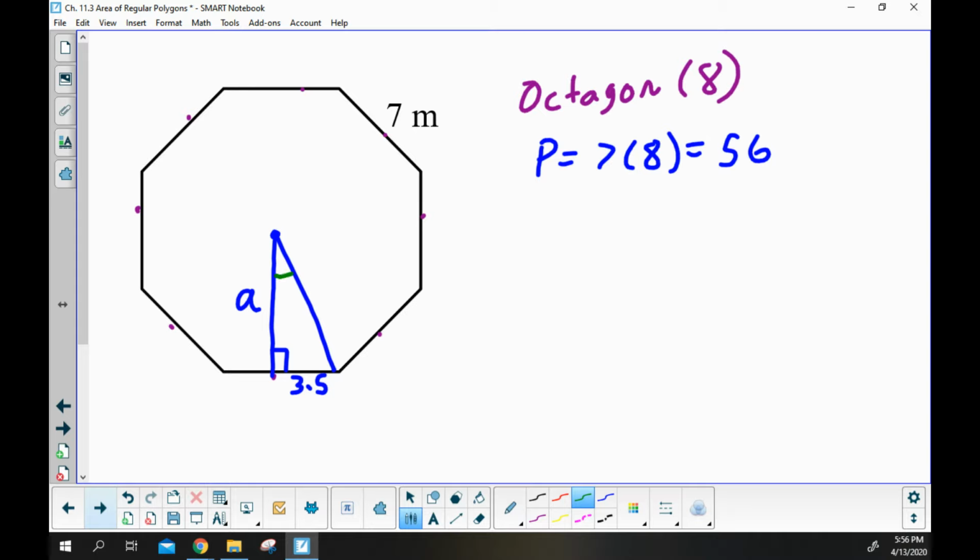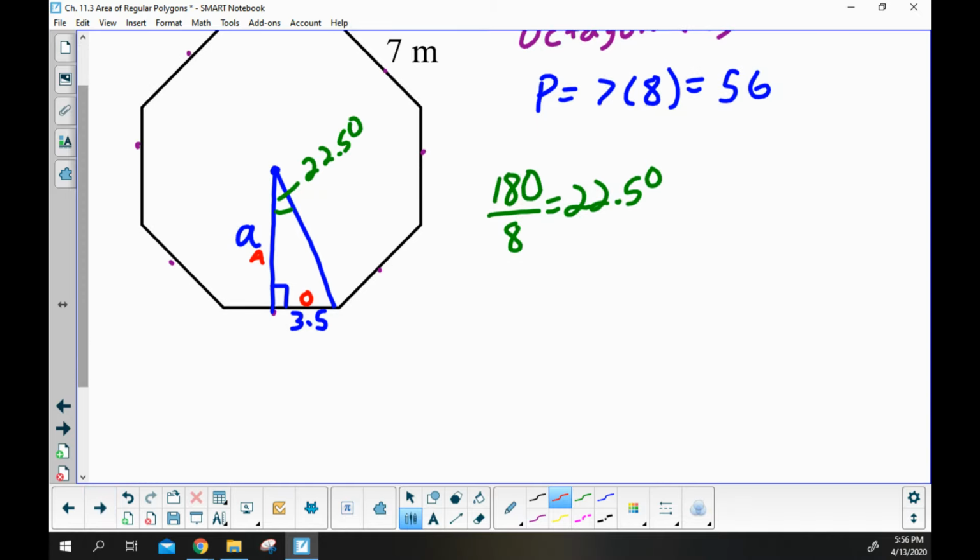So again, if you remember, I'm going to take 180 divided by 8, and I get 22.5. So 22.5 degrees. All right, so based on that, you label your sides. You notice the 3.5 is my opposite. My adjacent is my apothem. And it's pretty nice that the apothem is always the adjacent side if you do it this way. And I have my 22.5 degrees.